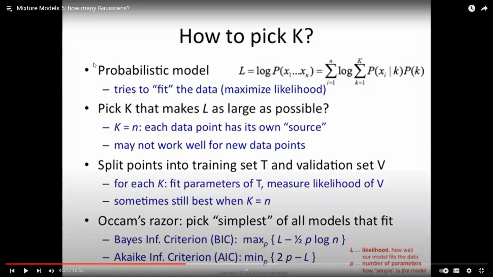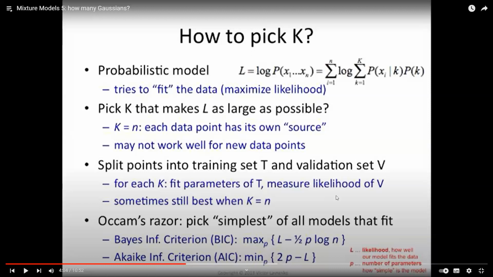Okay, guys, in the mixture models, how many Gaussians will we pick, if we are following the probabilistic model? We take L equals the logarithm of P of x1 to xn, the features, which is the sum from i equals 1 to n of the logarithm of the sum from k equals 1 to K of the probability of xi given k, times p of k.